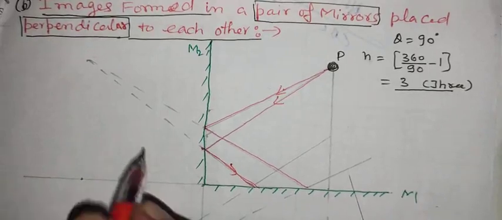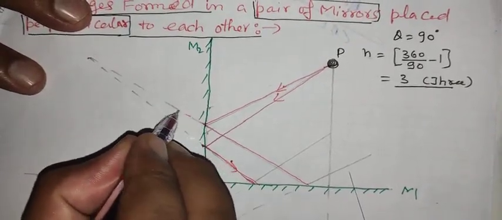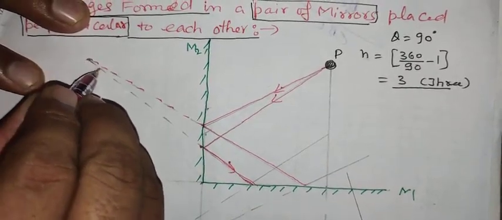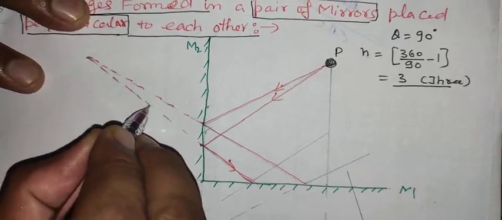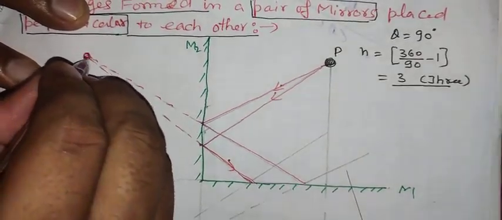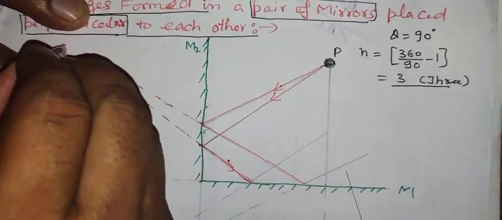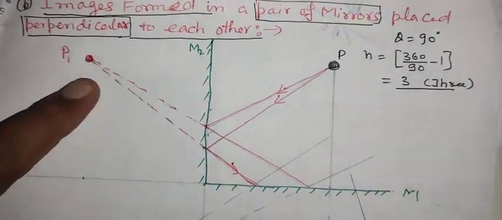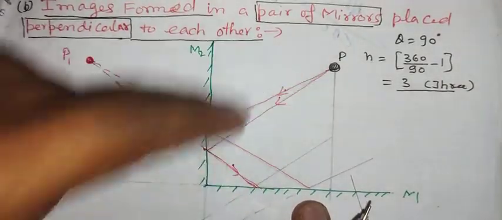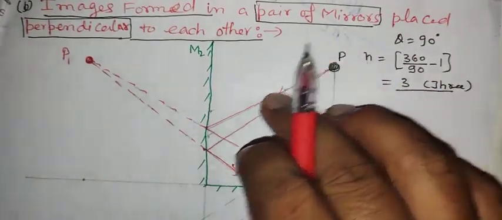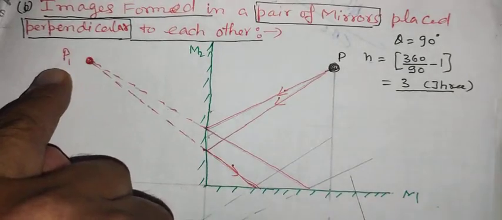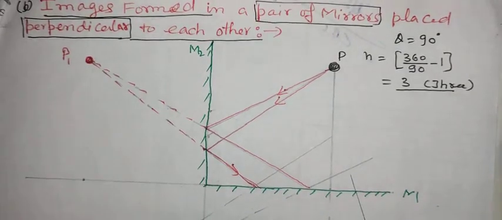When we proceed both backward, they seem to meet at this point. So the first image P1 is formed here. Although the ray of light is coming in this way, it appears to be coming from point P1.